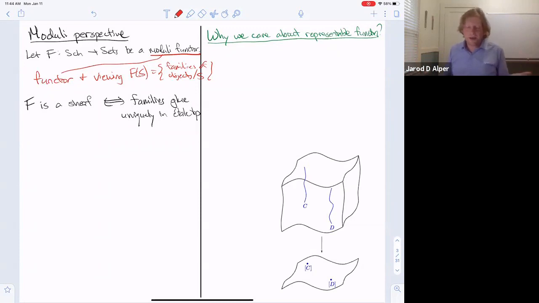And specifically, you have the representable functor, which you can view as the moduli functor of points of a scheme. But of course, we're interested in particular moduli spaces, curves and vector bundles. And then what it means for that functor to be a sheaf is that families glue uniquely in the tau topology.